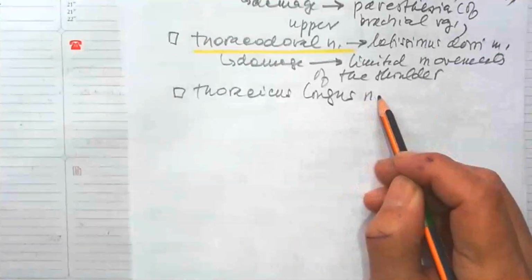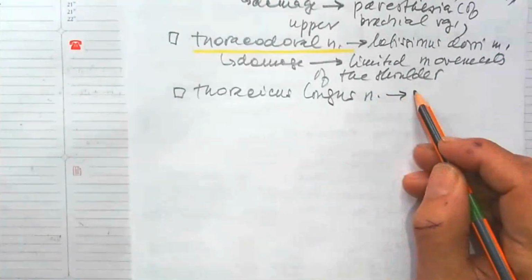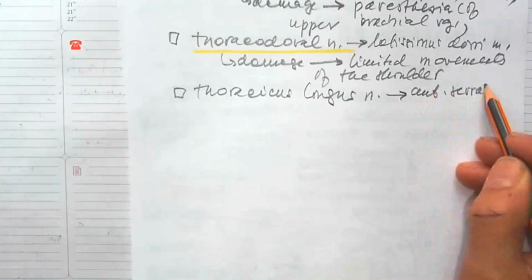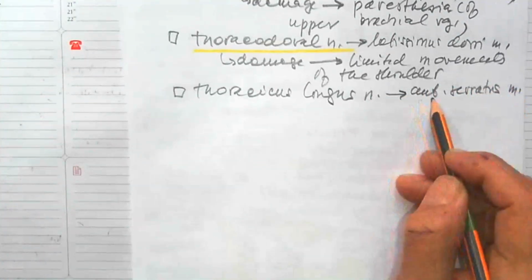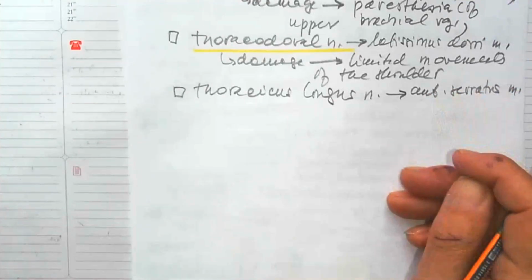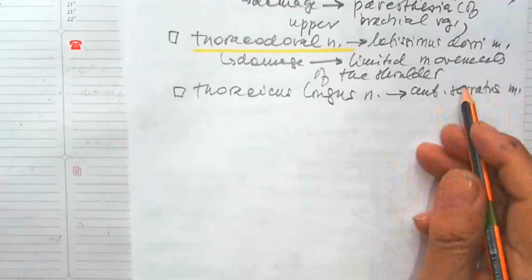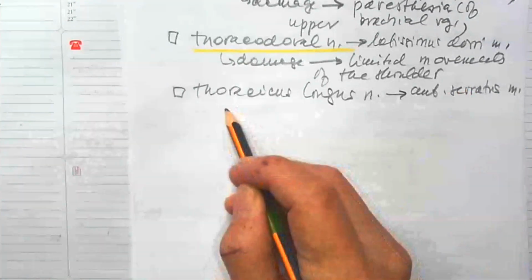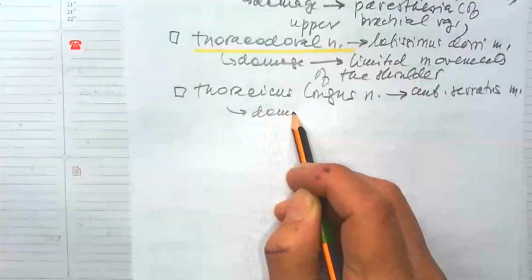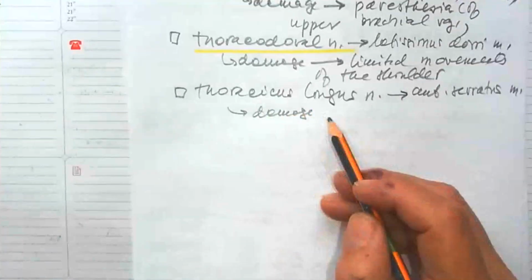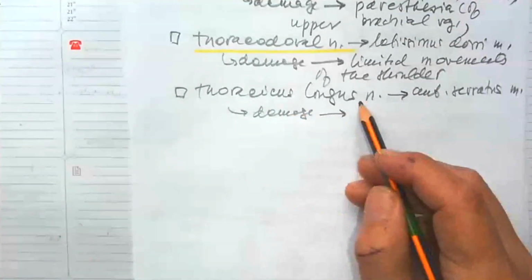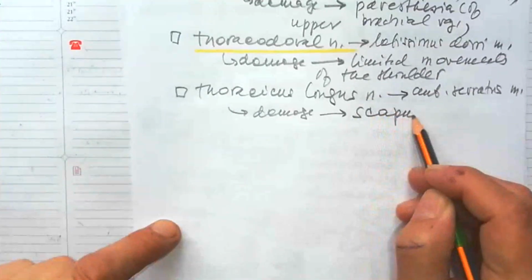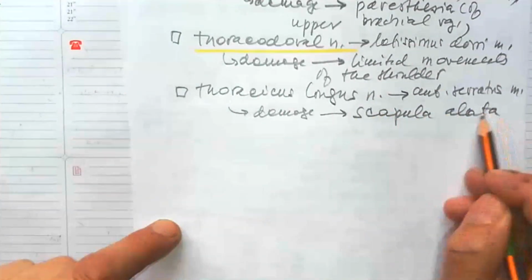The thoracicus longus nerve, I would add, also innervates the serratus anterior muscle, which is attached to the medial angle of the scapula, attaching the scapula to the wall of the thorax. Any damage, we will speak about the damage again in the lower part of the thorax, leads to scapula alata. Ala is the wing.